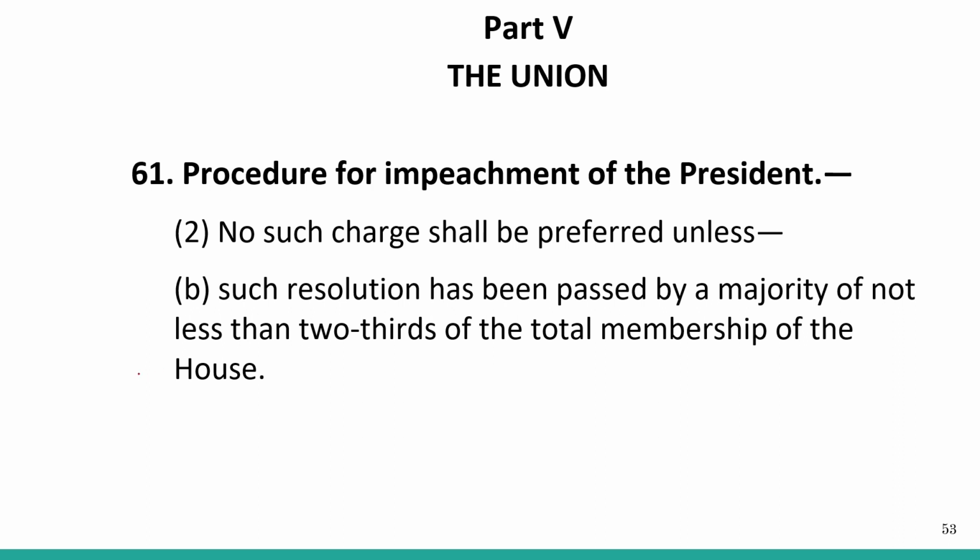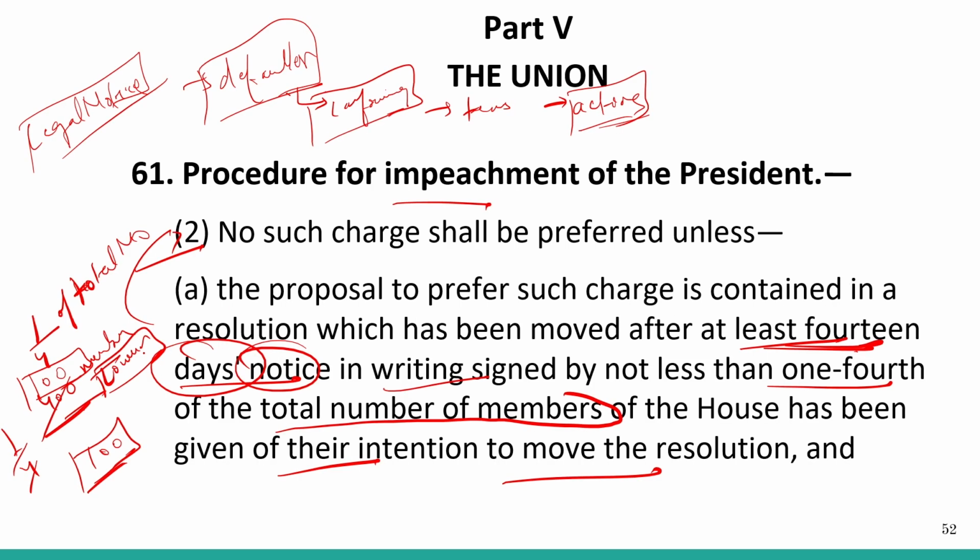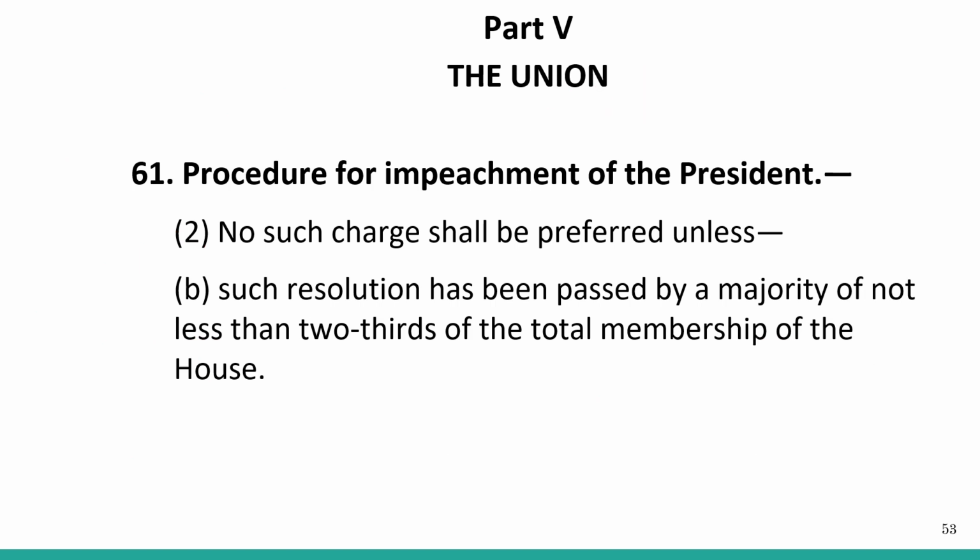And that notice, from one-fourth of the members, in writing, and such resolution has to be passed by a majority of not less than two-thirds of the total membership of the house.